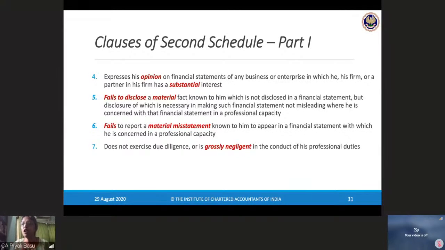No, we will not be falling under misconduct, because the projections are way off the mark because of the pandemic. So that's one. Second, never anywhere while signing that projection did we mention that we are vouching that the projection is going to materialize. No, we never said that. We said it is a projection.